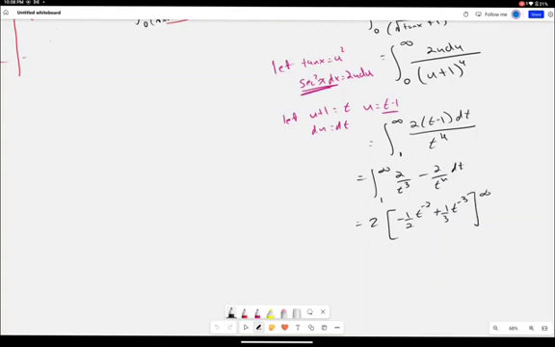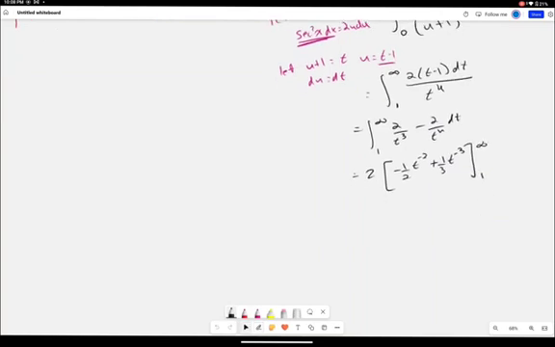Evaluated between infinity and 1. And I can't really plug in infinity, so I'll take the limit. So if I look at this term a little bit more carefully, I have negative 1 over 2t squared plus 1 over 3t cubed. So I'll just take the limit for the top part as t approaches infinity. As this approaches infinity, the denominator becomes so large, and whenever this happens, this entire term basically becomes negligible and heads towards 0.